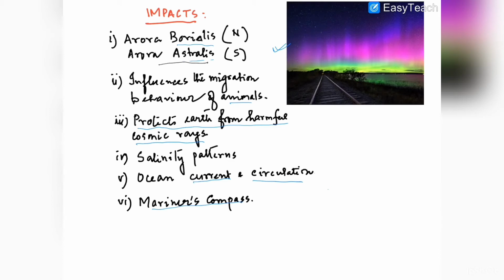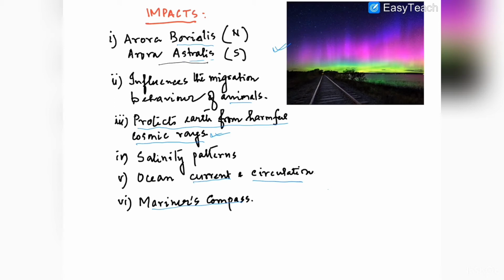Then the third one is that the geomagnetism of the Earth will protect the Earth's atmosphere from the harmful cosmic rays which come from other celestial bodies. If you ask why, the cosmic rays will have charges on them, maybe positively charged or negatively charged, and the Earth's magnetosphere will repel them.